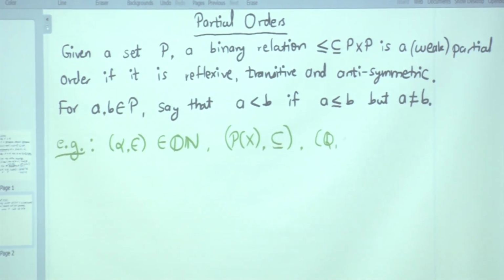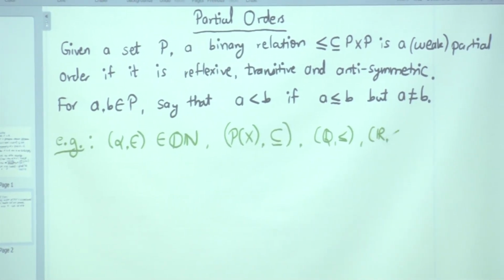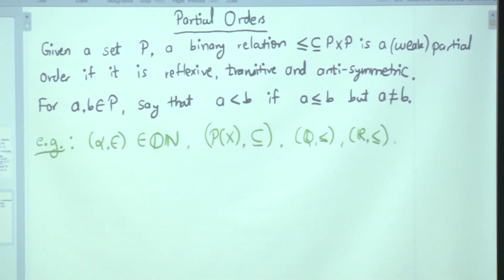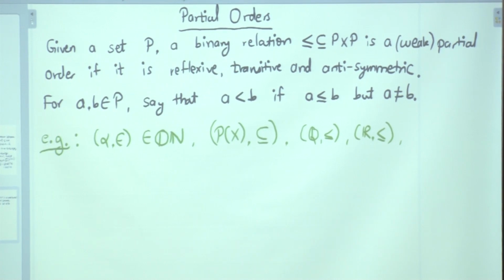Any other examples? All the real examples: Q with less than, R with less than or less equal, correct? Then one more interesting thing is natural numbers with divisibility. So what is the relation?